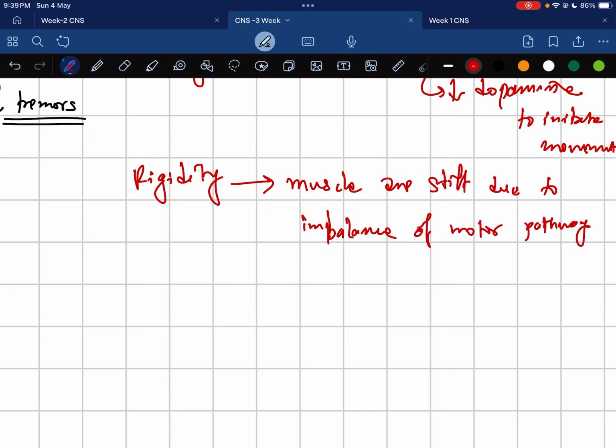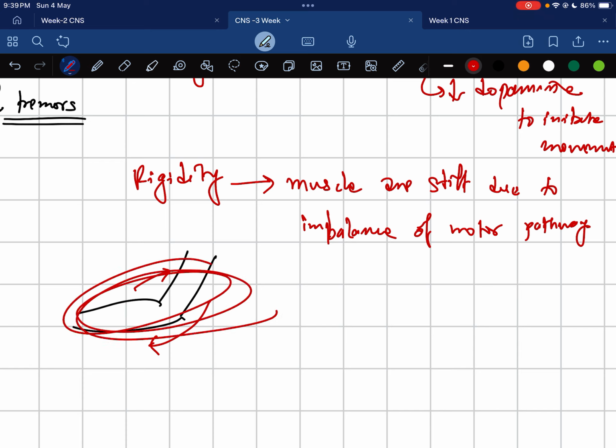If we take the arm muscle, there is contraction and relaxation. Due to decreased dopamine, there is not proper relaxation and contraction, so that leads to rigidity in the muscle.